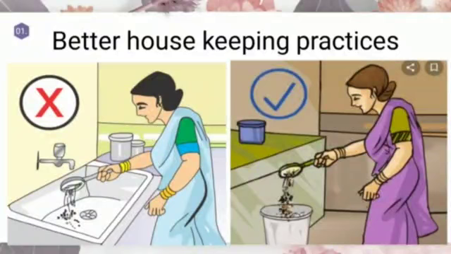So what you have to do: used tea leaves, solid food remains, soft toys, cotton, sanitary towels, etc. should be thrown in the dustbin. They should not be thrown in drains.